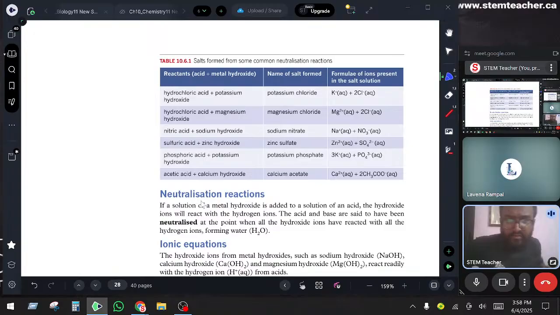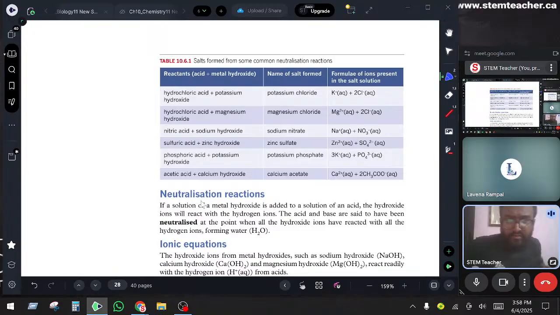Acids plus metal hydroxide, he's giving a table. Hydrochloric acid plus potassium hydroxide gives the salt potassium chloride, and the ions present in the salt solution are K+ and Cl-. Hydrochloric acid plus magnesium hydroxide gives magnesium chloride. Nitric acid plus sodium hydroxide gives sodium nitrate, Na+ and NO3-.